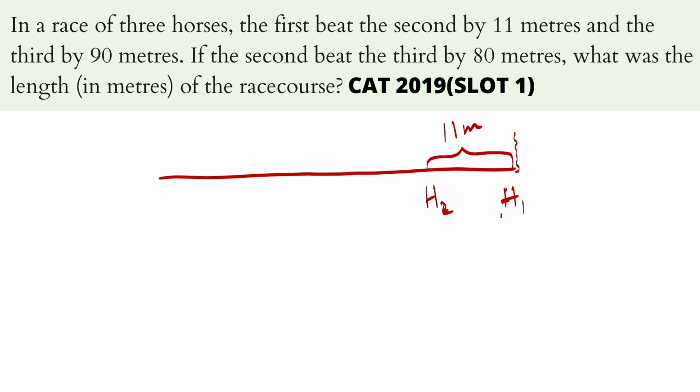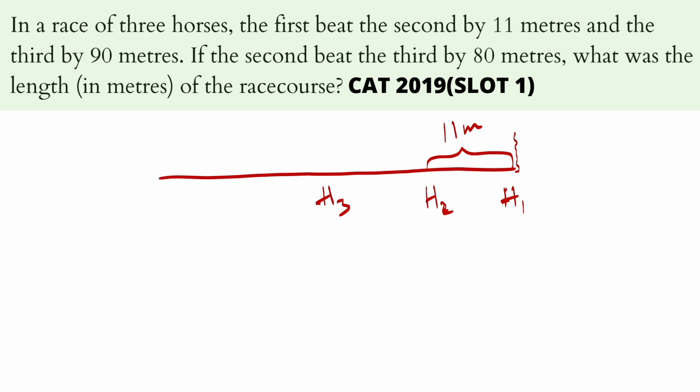So the first one beat the second horse by 11 meters and the first one beat the third horse by 90 meters.